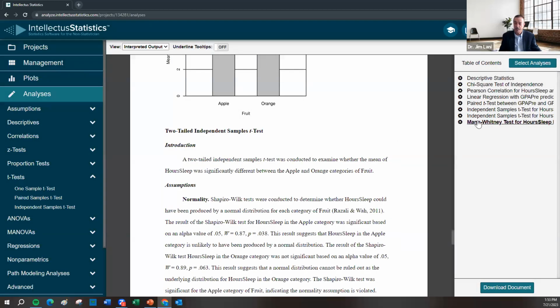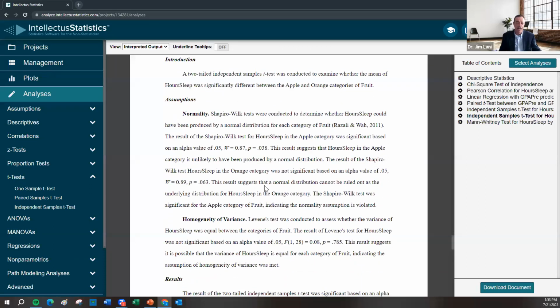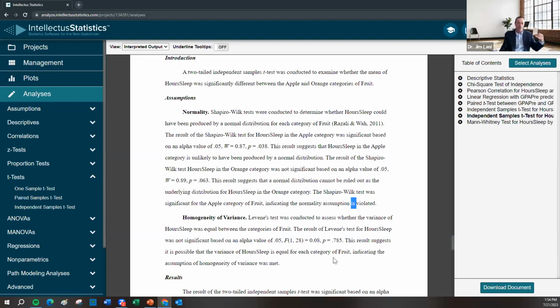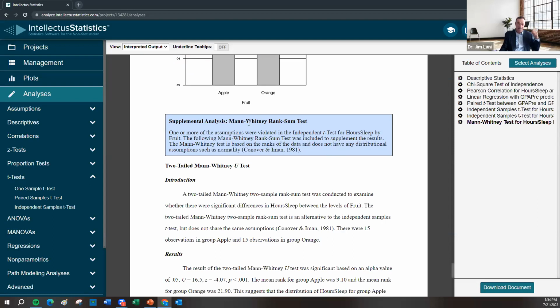Because I enabled the non-parametrics, what we've built into the tool is that if one of these assumptions, normality or homogeneity of variance, is violated, which, because that was significant, indicates that assumption is violated, we also provide you with a supplemental analysis.